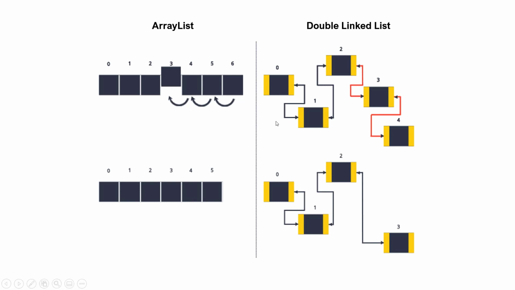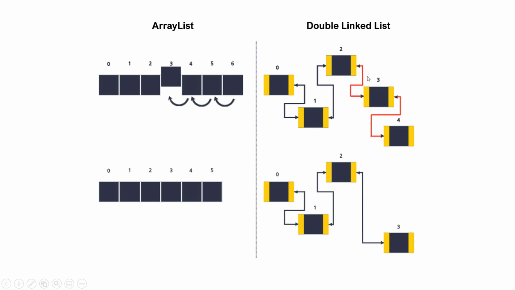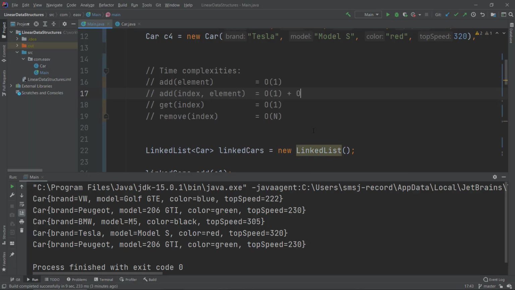So if I want to insert a new element after number 2 here, I need to go through the list, through number 0, 1, 2, and then I have to make a new node and adjust the pointers, and that's it. But in the worst case, if I want to do this at the end of the list, I have to go through all the linked list. So this could be big O of n to actually find the spot.